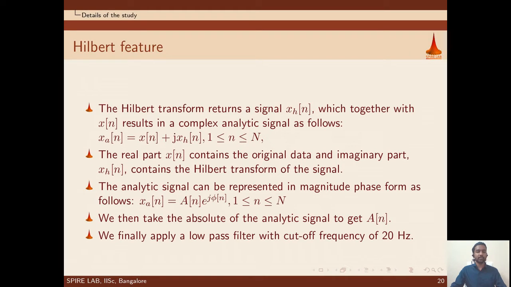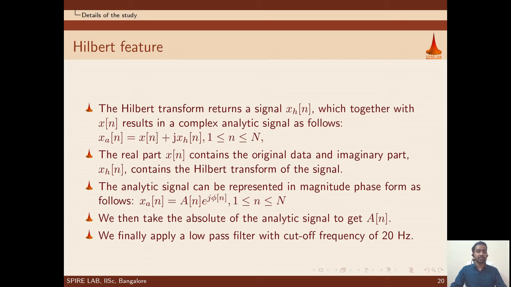Now coming to the Hilbert feature. Hilbert transform based features of the EMG have been popularly used in the past, like the Hilbert-Huang transform of EMG signals for speech recognition and the iterative Hilbert transform for upper limb movement in humans. In this work, we use the Hilbert transform to develop a novel feature extraction method for the EMG. Let the Hilbert transform of the signal x of n be represented as xh of n, and together with x of n, it represents a complex analytic signal xa of n.